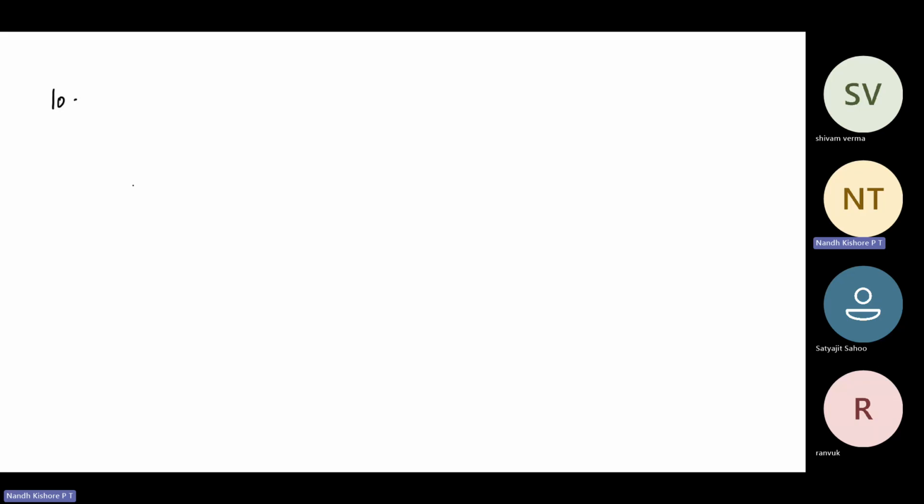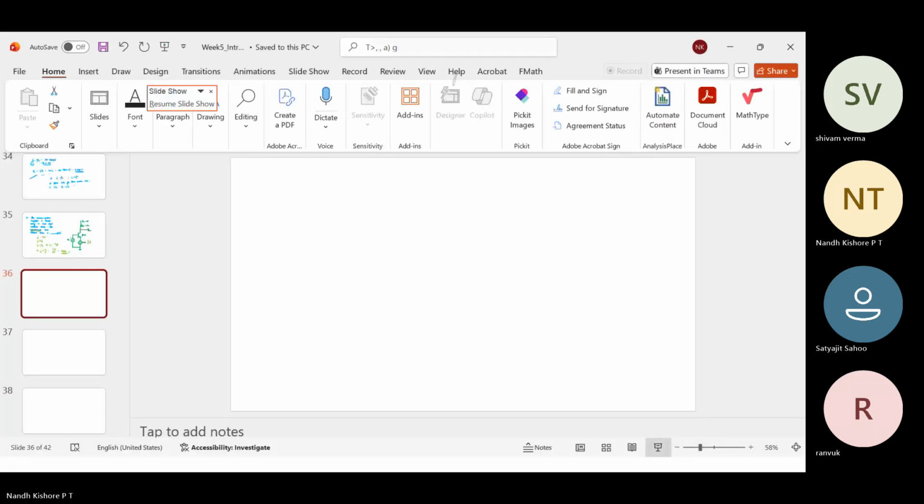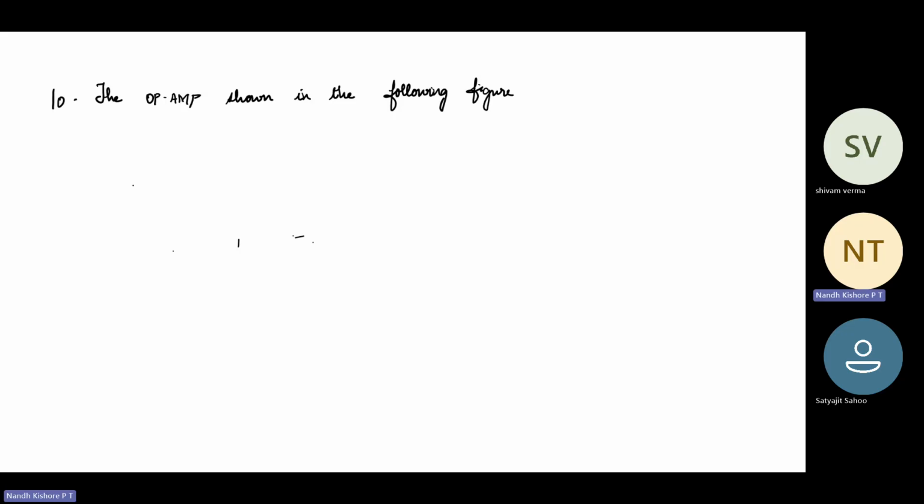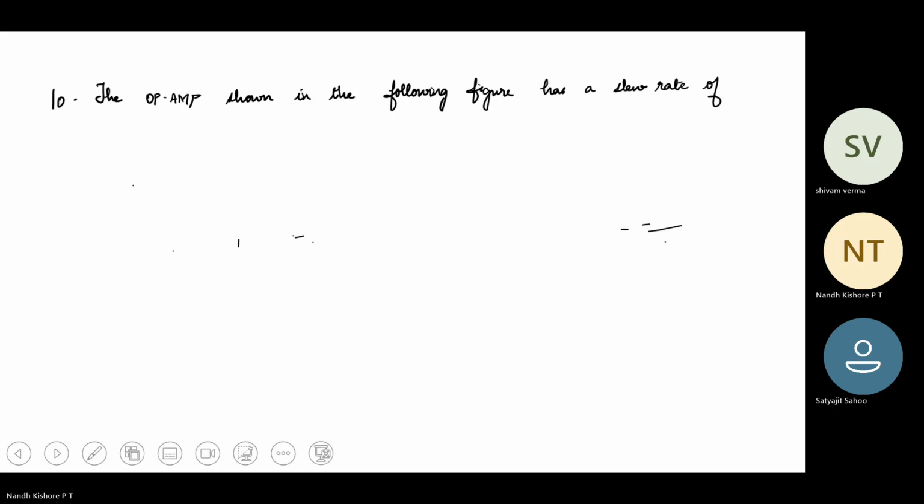This is your 10th question for the day. So the next question: the op-amp shown in the following figure has a slew rate of 1 volt per microsecond.